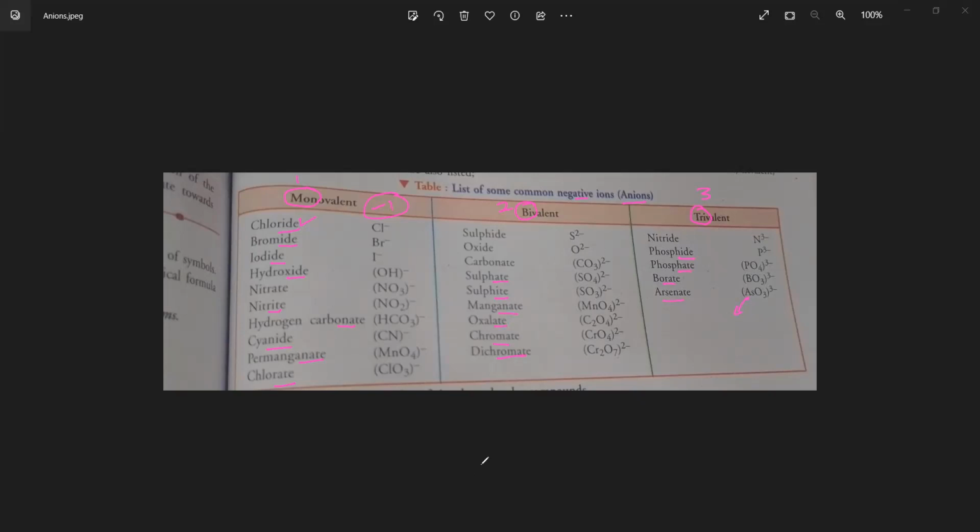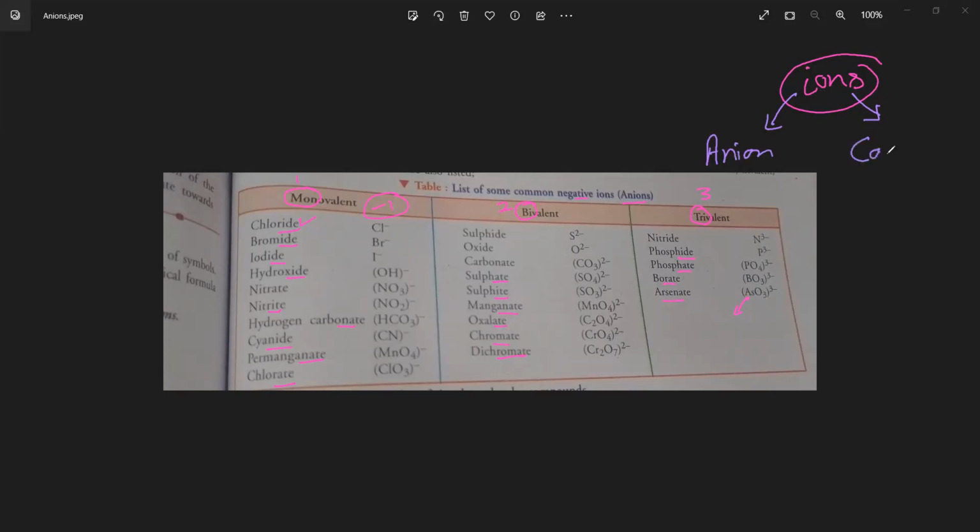Now, first of all, we have ions. Ions are nothing but charged species. We can classify them into two categories. The first one is anion: those ions which have a negative charge.